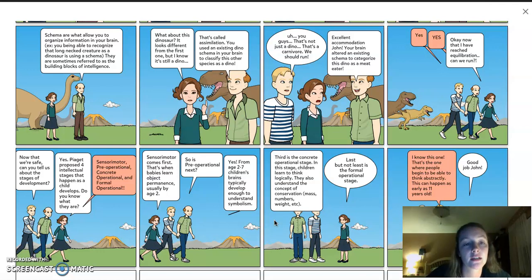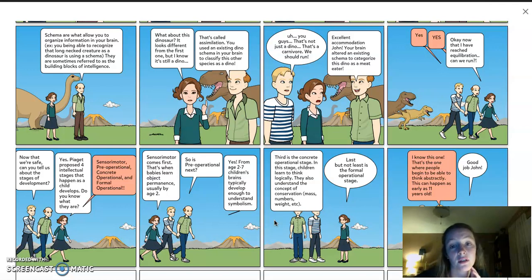What about this dinosaur? It looks different from the first one, but I know that it's still a dinosaur. That is called assimilation. You used an existing dino schema that was in your brain in order to classify this species as a dinosaur as well. Enter John. Uh-oh. You guys, that's not just a dino.